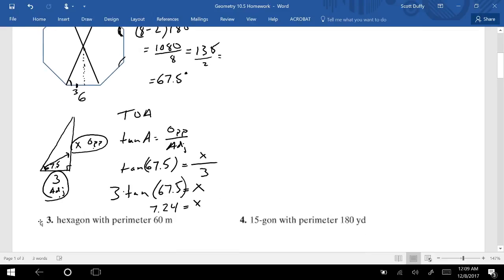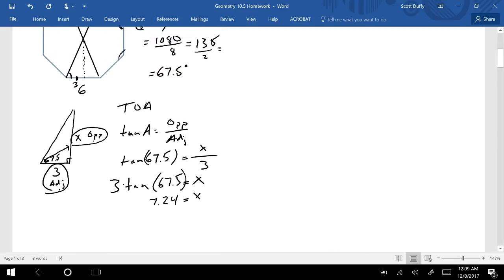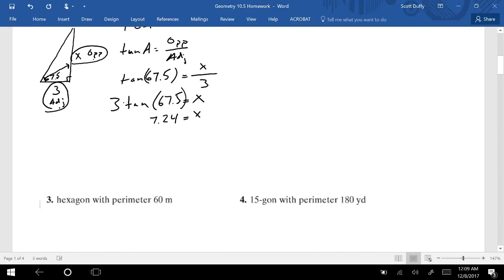I'm going to move this stuff even further down. In my equation for the area, area is equal to 1/2 times the apothem times the length of one side times the number of sides we have.